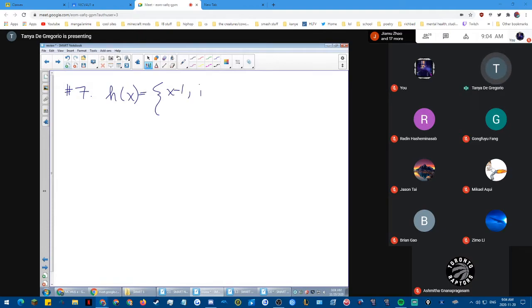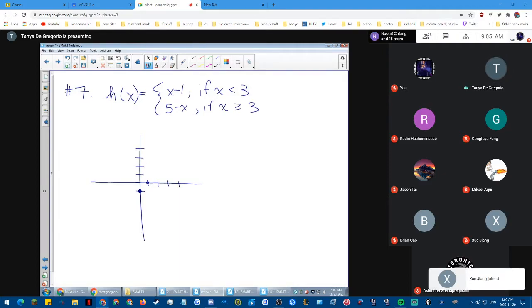look what's happening here. When I go to graph this, let's just do a little sketch, just to understand what's going on. When x is less than 3, I have the function x minus 1. So that has a y-intercept of -1, and we're going up 1 over 1, but it's less than 3.